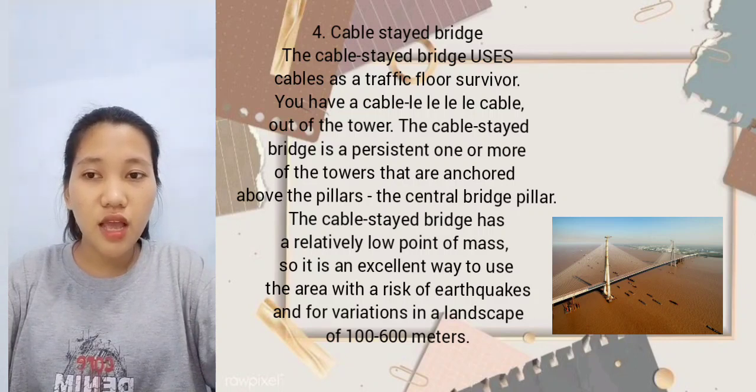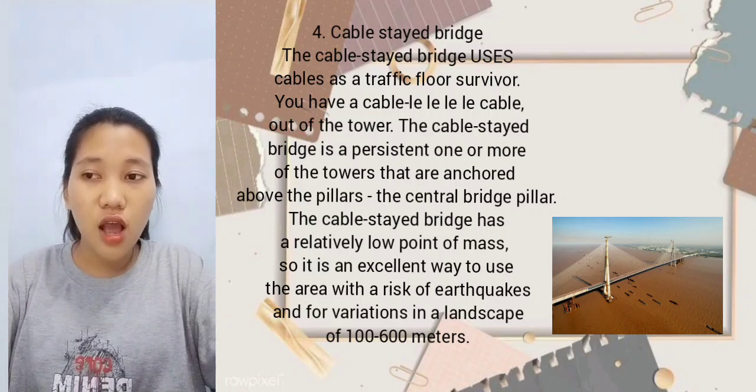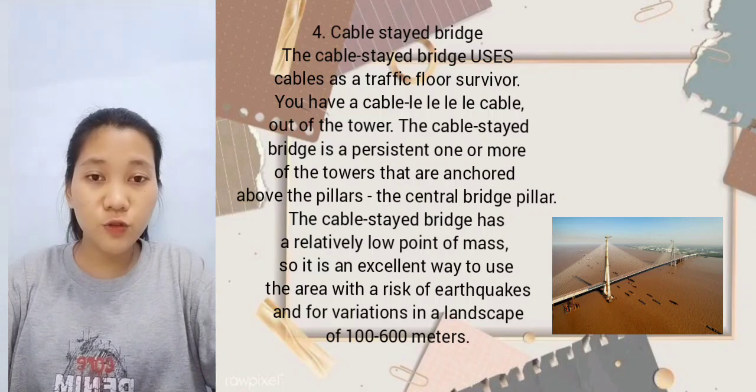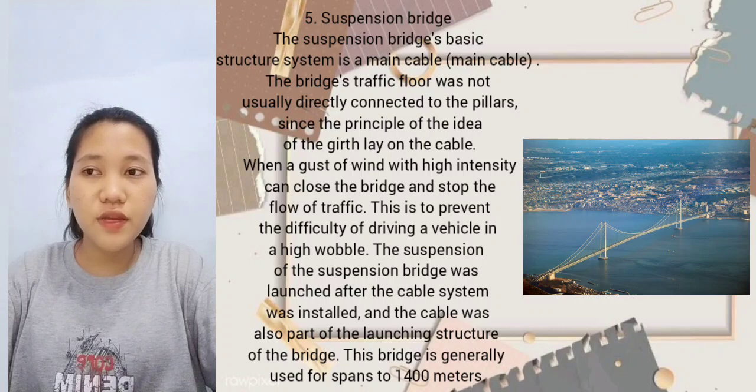The cable stay bridge has a relatively low point of mass, so it is an excellent way to use in areas with a risk of earthquakes and for variations in a landscape of 100 to 600 meters.